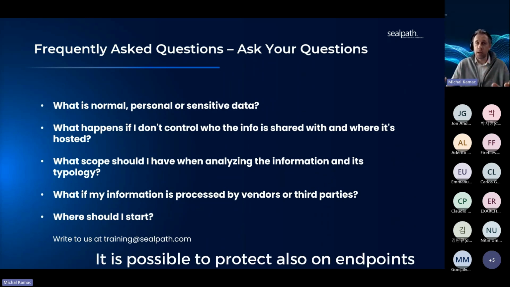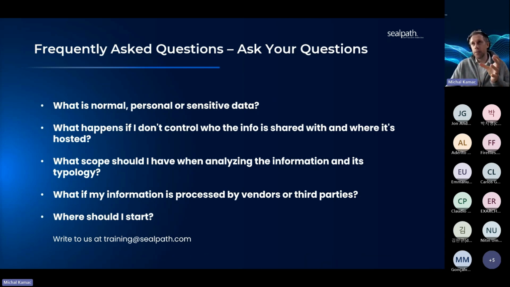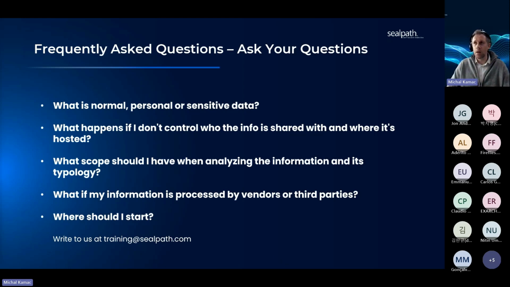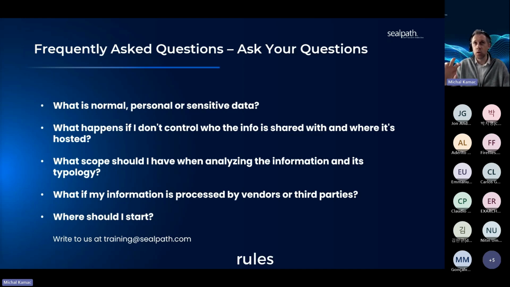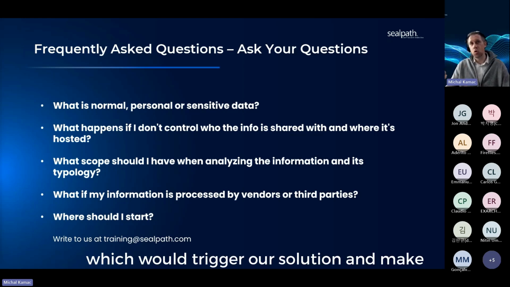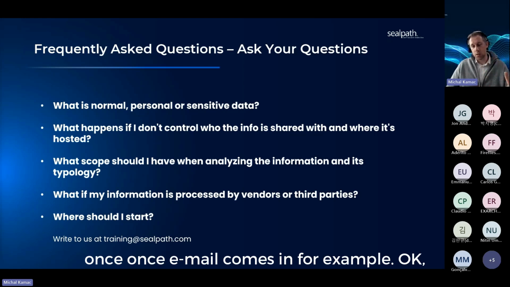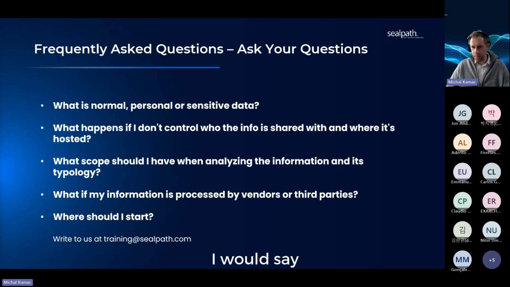It is possible to protect also on endpoints, on mobile devices, tablets, etc. And for inbound, we have integration with, for example, Exchange server, where you could define rules which would trigger our solution and make sure that it will be protected once email comes in, for example, okay? But here, automatic folder protection is key, I would say.